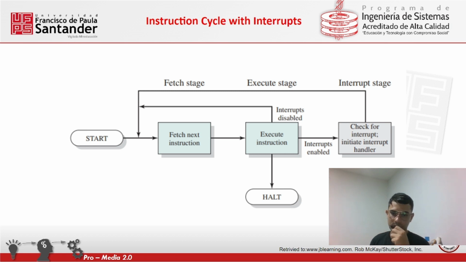Typically, this routine is part of the operating system and usually determines the nature of the interruption and carries out the necessary actions. Once the interruption handling routine is complete, the processor can resume the execution of the user's program at the interruption point.